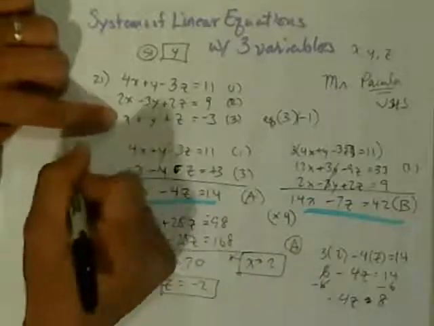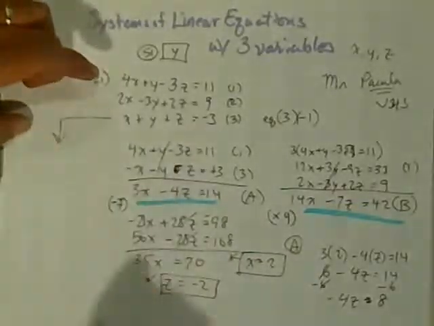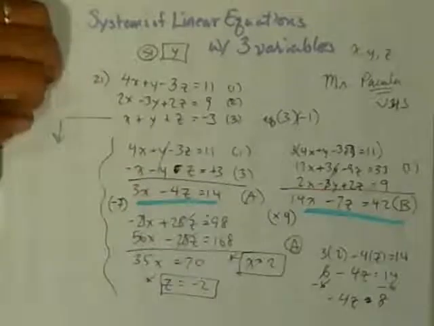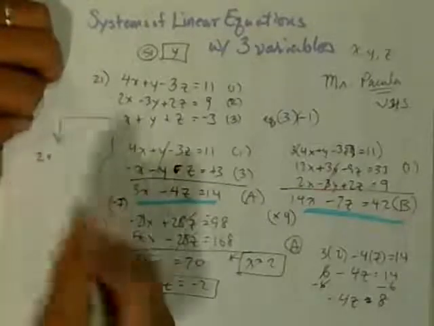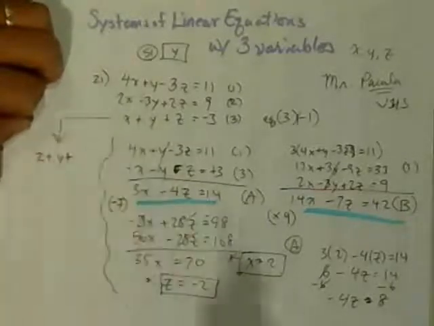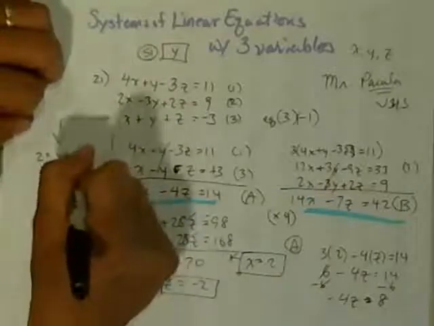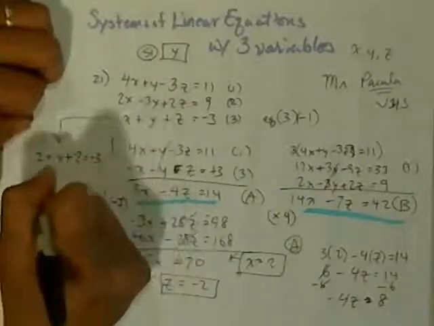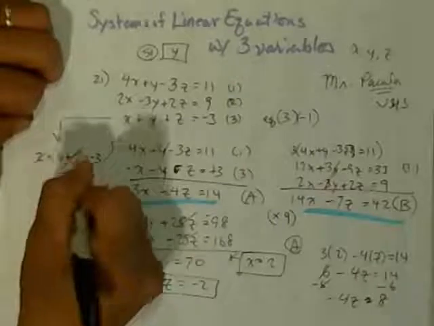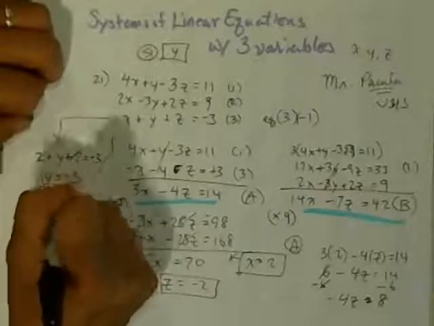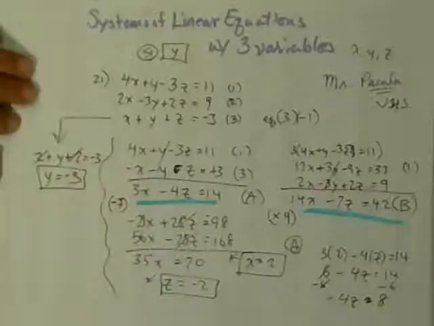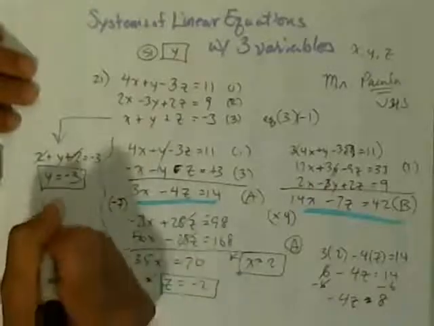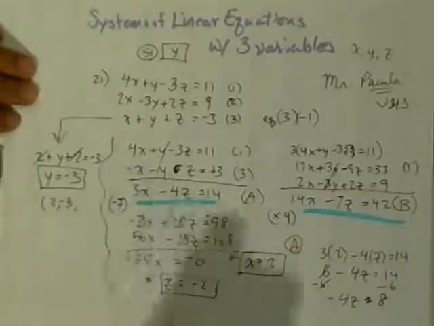So x is 2. 2 plus y plus z, which was negative 2, is equal to negative 3. These cancel. Y must equal negative 3. So our solution set is 2, negative 3, and negative 2.